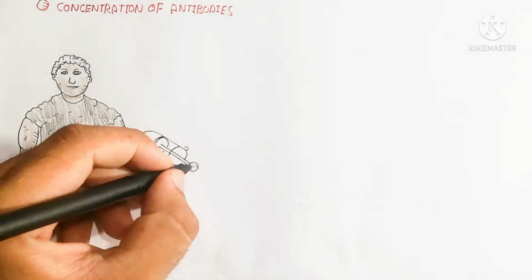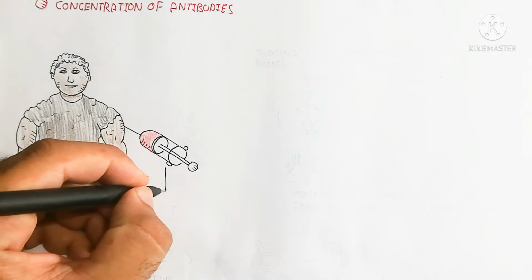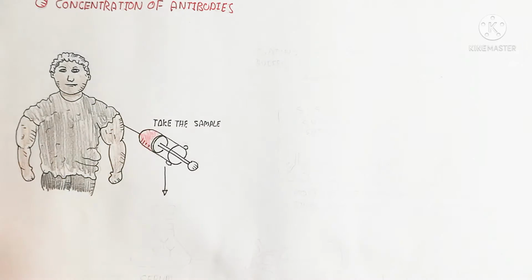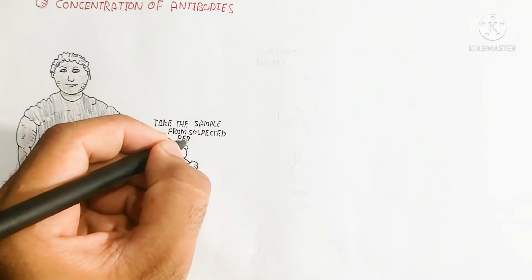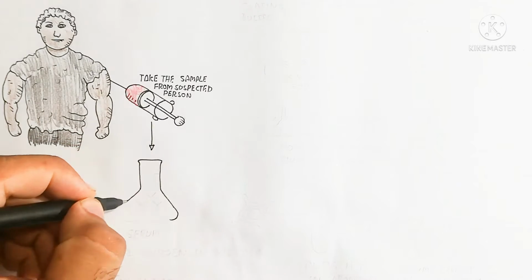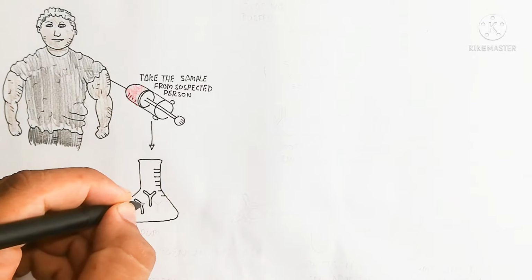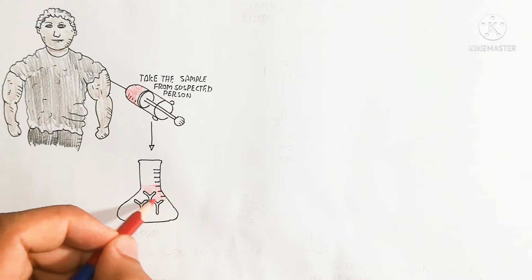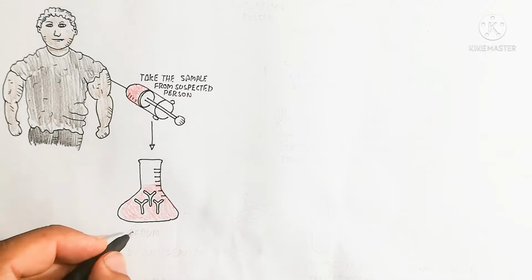For example, here is the patient from whom we take the sample, a suspected person. This suspected person contains antibodies against the antigen, so we require an antigen in this case. Here is a serum sample containing antibodies.